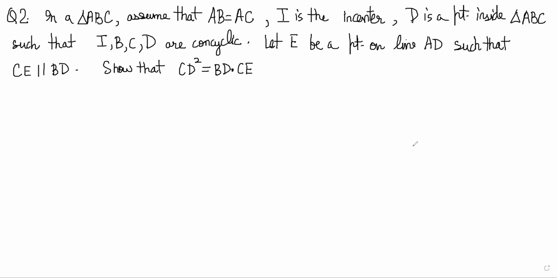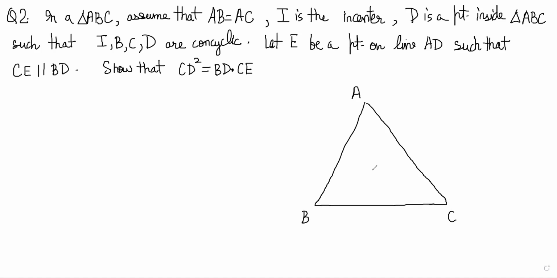And we'll first draw the figure. It's an isosceles triangle, A, B, C. My incenter will be somewhere here. I is here. And D is a point inside such that I, B, C, D are concyclic.